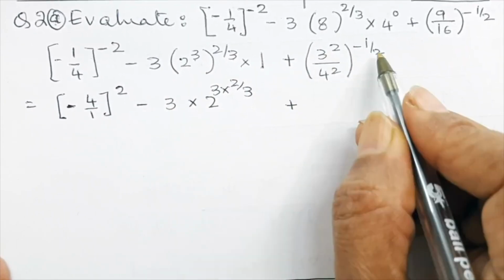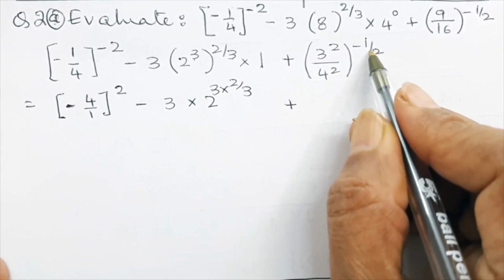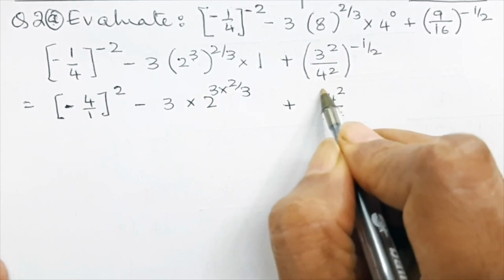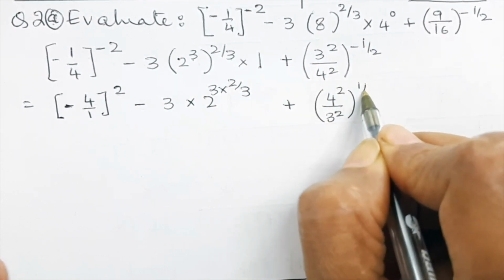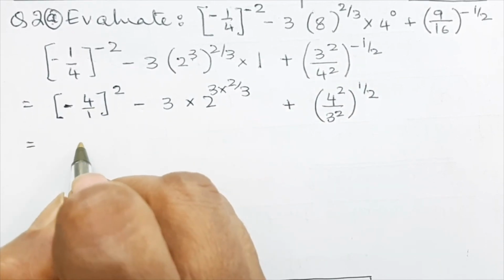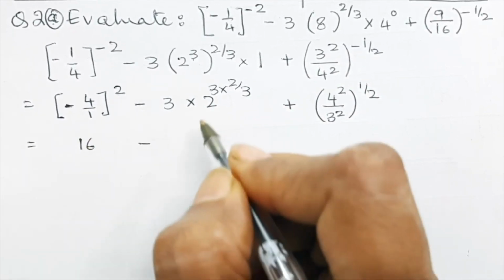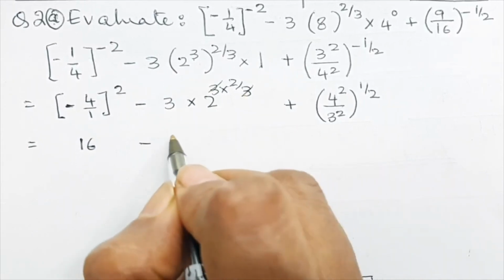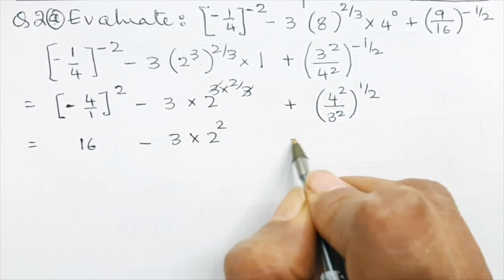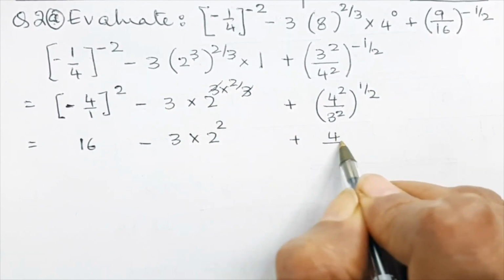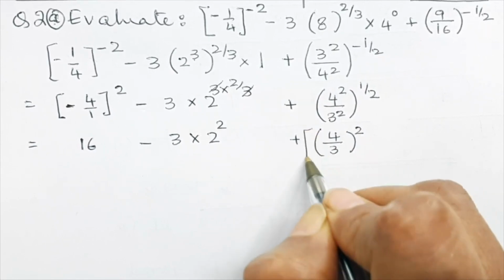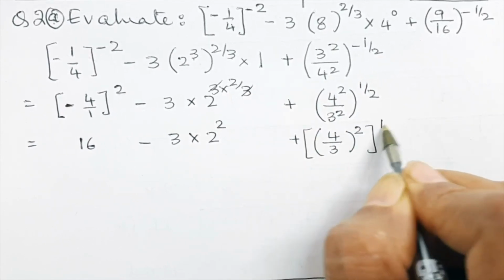Here this is again negative power, so we'll make it as positive. So 4 square upon 3 square bracket to the power half. This gives us minus 4 square becomes 16 minus this gets cancelled, 3 multiplied by 2 to the power 2 and plus here this is 4 upon 3 bracket to the power 2 and that to the power half.